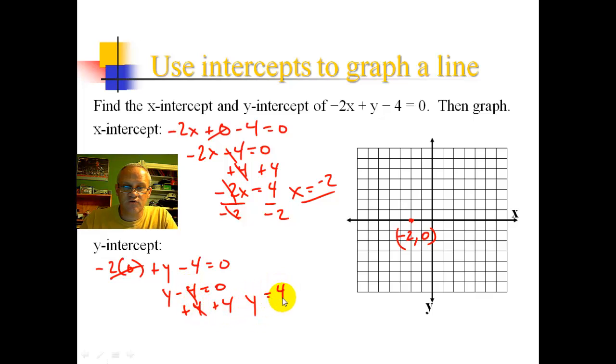So I have y equals 4. So that's my y-intercept. That means 1, 2, 3, 4 on y, that's 0, 4 is that point. And so those are the two intercepts. Since I know this is a linear equation, I can draw a line through them. So that's how I've graphed using x and y intercepts.